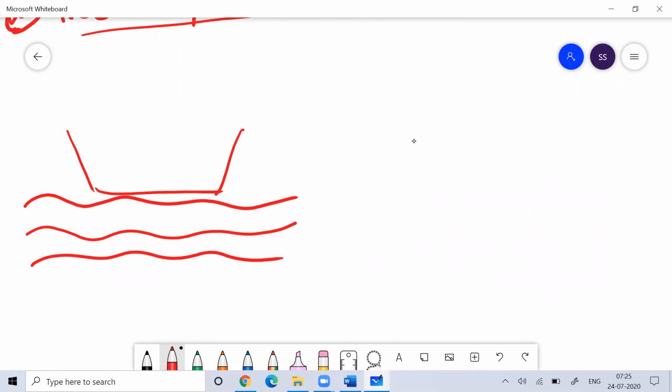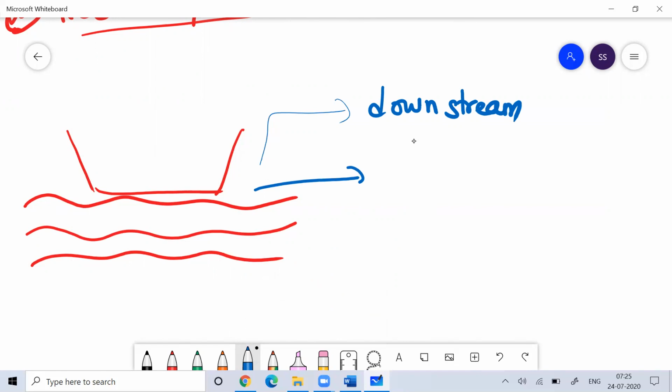Whenever the boat is moving over the water, we discuss it under two headings: either downstream, or upstream.